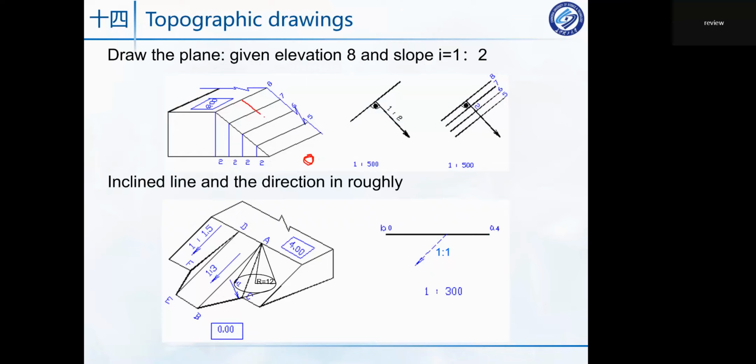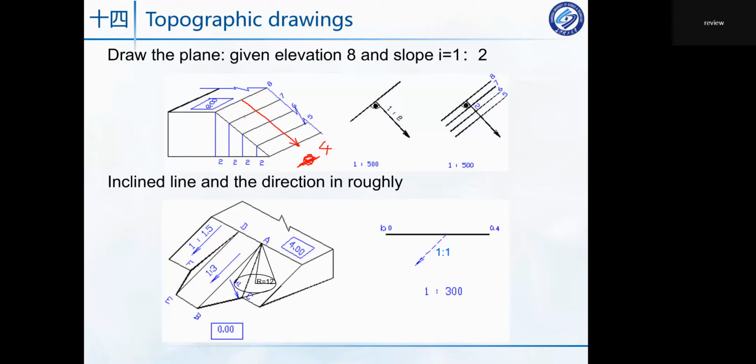As for this one, it is a plane, and you can see 8, 7, 6, 5 are the contour lines of this plane. With this elevation, it's not 0. It's 4.